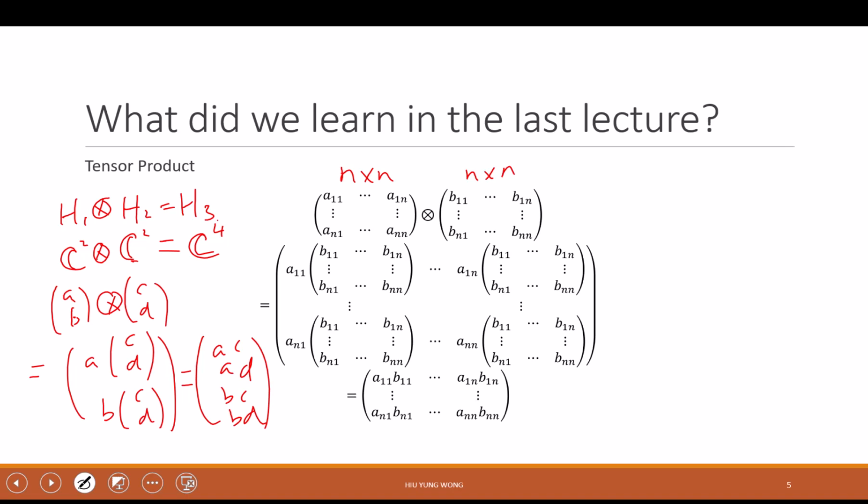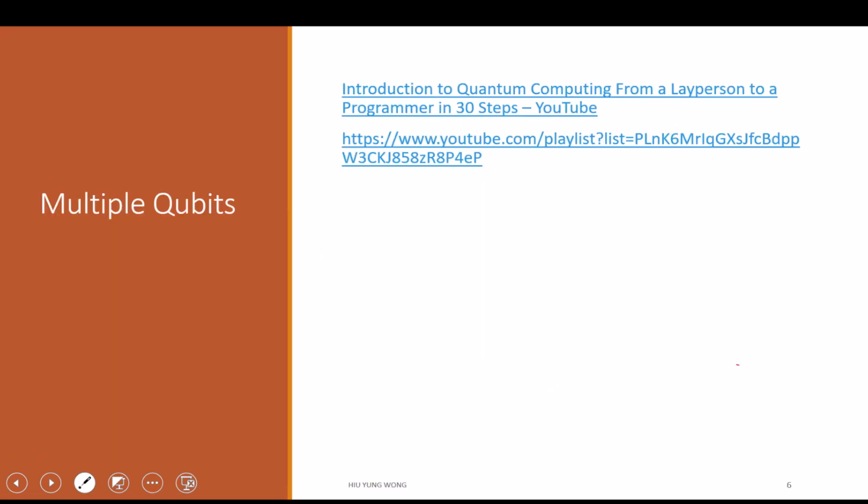After I multiply, what do I get? I get an n squared by n squared matrix. Am I right? n times n. So that's what we learned last time. So let's continue on the multiple qubit.